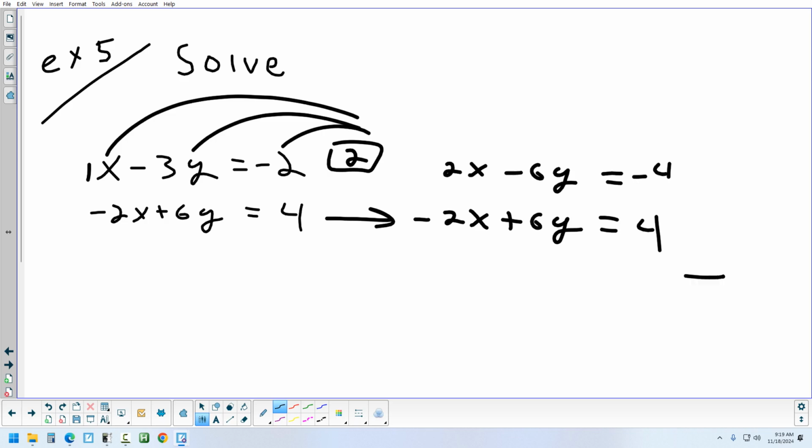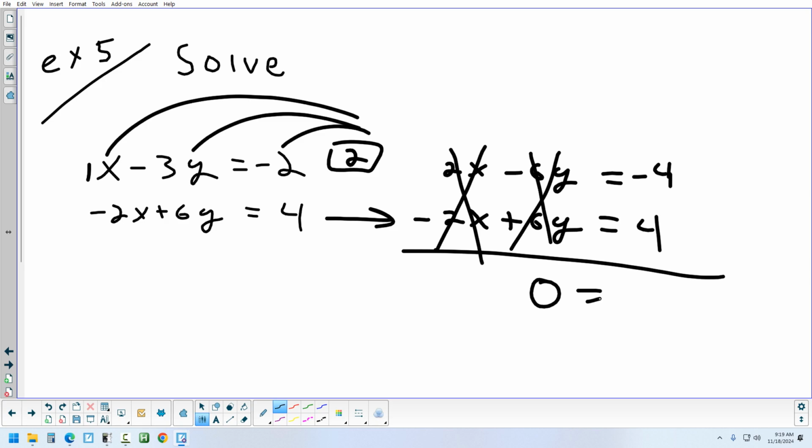Okay. All right, let's add up these columns. 2x and negative 2x. Negative 6y plus 6y. So what's on the left side? 0. Negative 4 plus 4. So we get 0 equals 0. What does that mean?